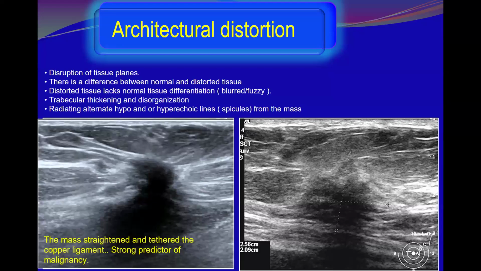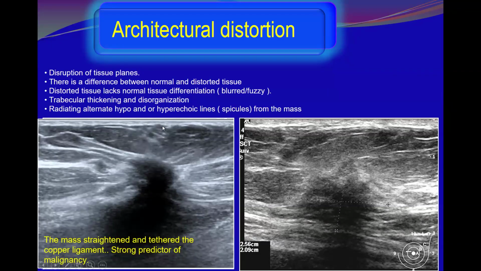And in this example from the literature, we can see long hyperechoic spicules, tethered and pulled by the mass. Why can I see the spicules as hyper here?